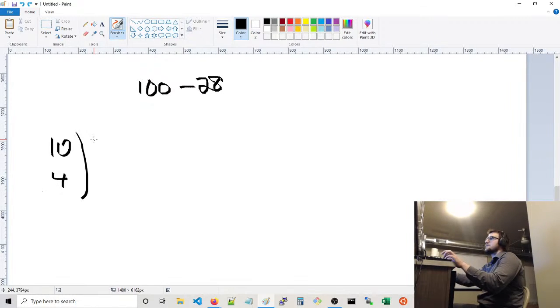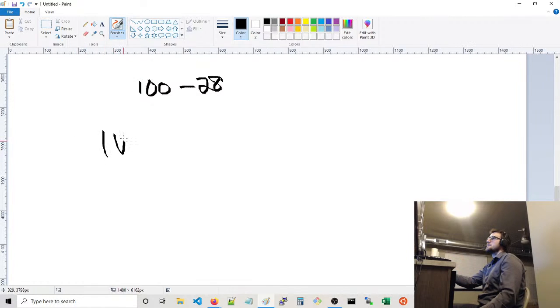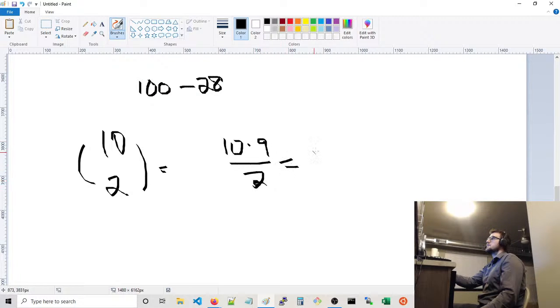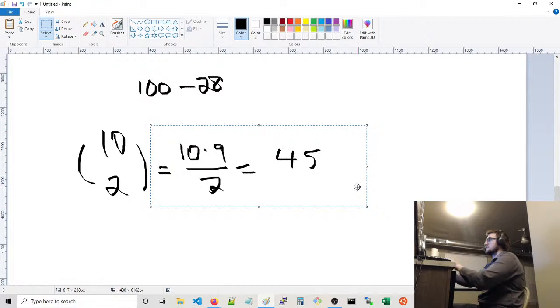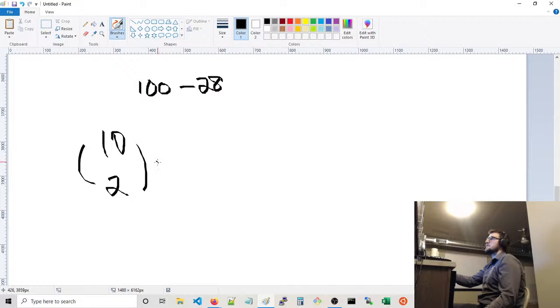What's 10 choose 2? Let's try that one. Let's keep it simple. 10 choose 2 would be 100 times 9 over 2. This gives you 45, which is actually way less than 91. And the reason, I think, is that it's actually times 2 again, 2 factorial.